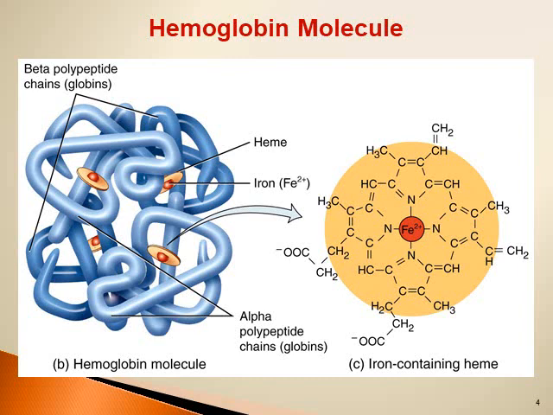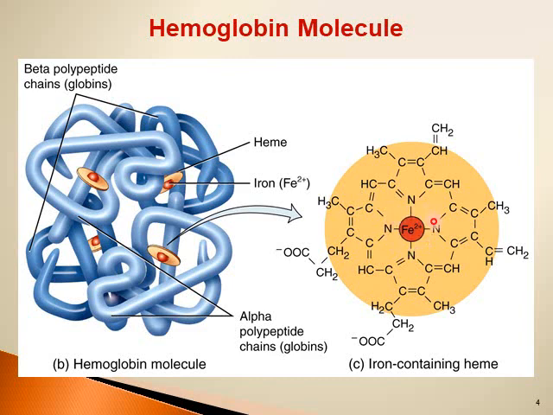Here we can see a hemoglobin molecule. An adult hemoglobin molecule is composed of 2 alpha chains and 2 beta chains. So each hemoglobin molecule is composed of 4 polypeptide chains. In the center of each polypeptide chain there is one heme ring that contains iron, and oxygen binds to the hemoglobin molecule through this iron.